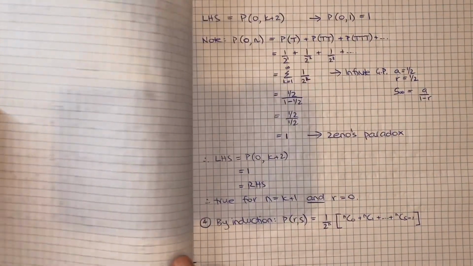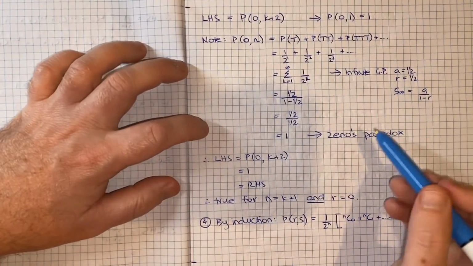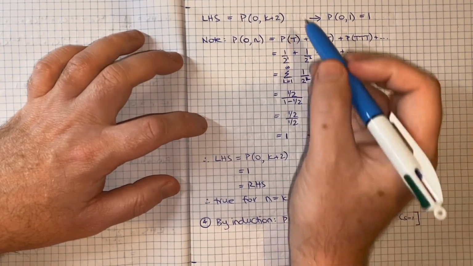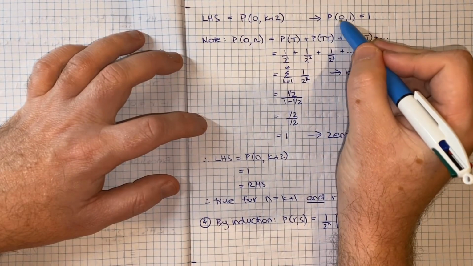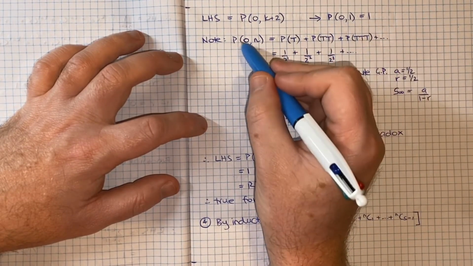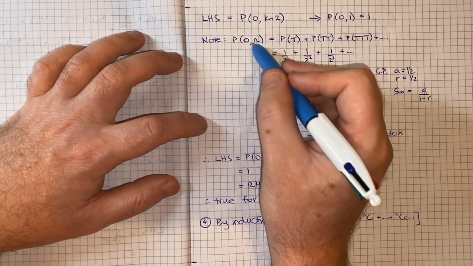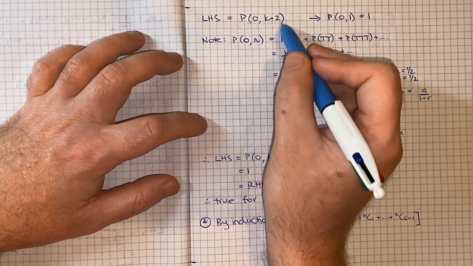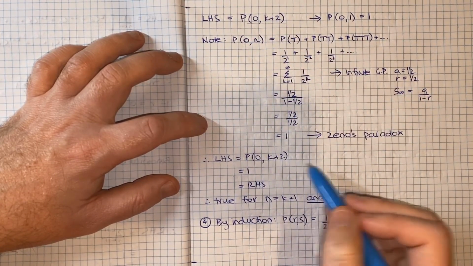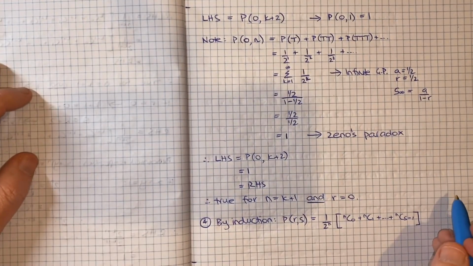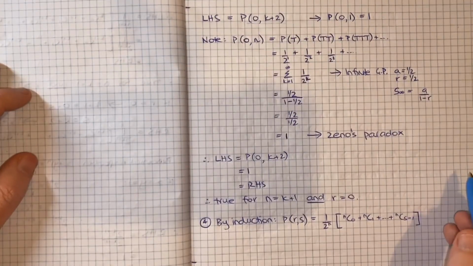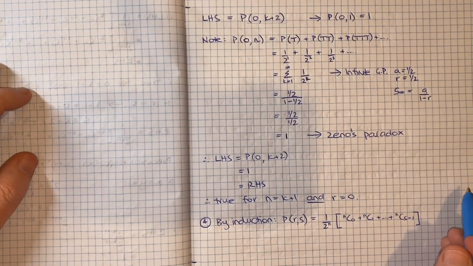And then, I guess finally this whole Zeno's Paradox bit where we're able to demonstrate that it's not just P(0,1) that's equal to 1, it's P(0,n) for any number, and therefore we can get P(0,k plus 2) to be 1 as we needed. So yeah, I think a lot of tricky bits in there, but hopefully despite all that you were still able to follow along and it all made sense. And tick, boom.